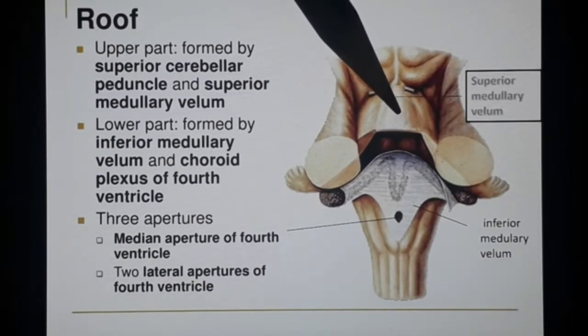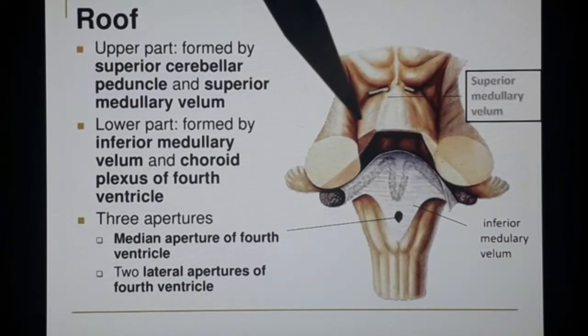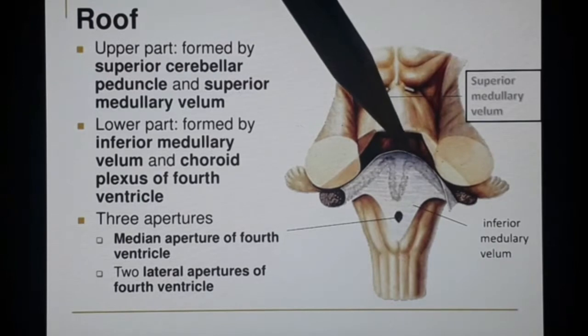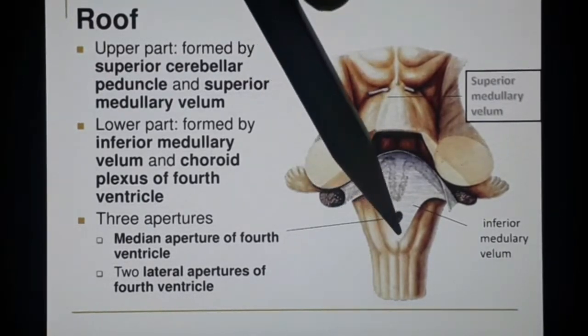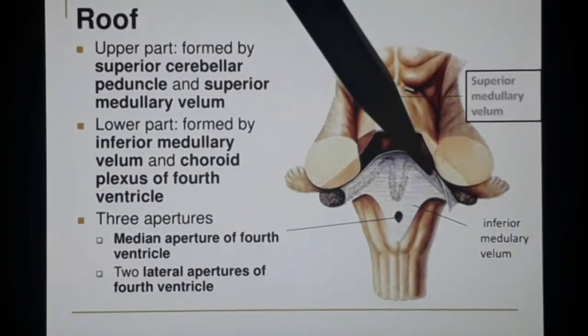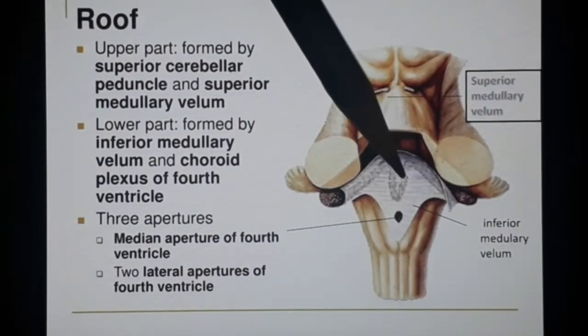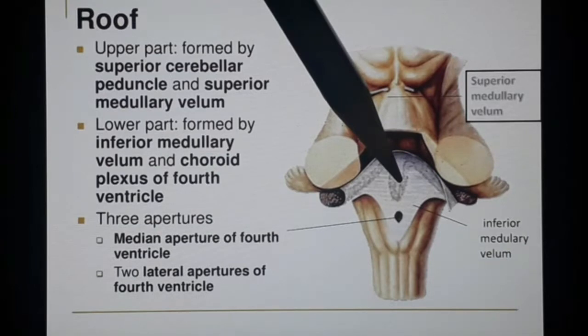This superior medullary velum converges from the superior peduncle. Then the lower sloping surface is formed by a thin sheet of non-nervous tissue which is made up of ependyma and the double layer of pia mater.